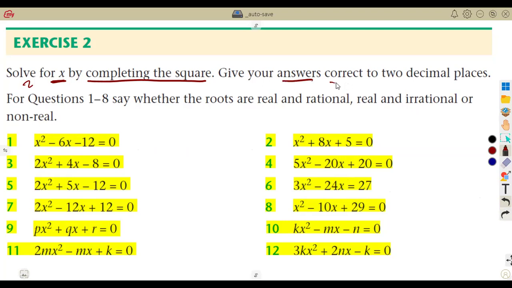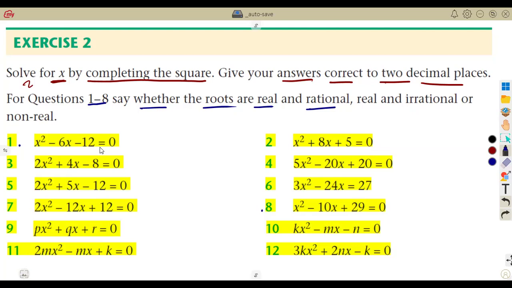Give your answers correct to two decimal places, meaning to say some answers are not exact. You're supposed to have your answers to two decimal places. Okay? So we are given questions 1 to 8, from question number 1 up to question number 8, say whether the roots are real and rational, real and irrational, or non-real.